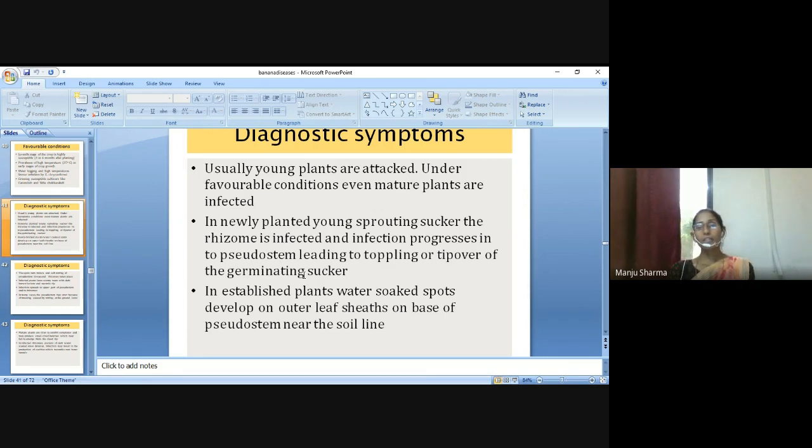In newly planted young sprouting suckers, the rhizome is infected and infection progresses into the pseudostem, leading to toppling or tip over of the germinating suckers. Water-soaked spots develop on the outer leaf sheaths at the base of the pseudostem near the soil line.